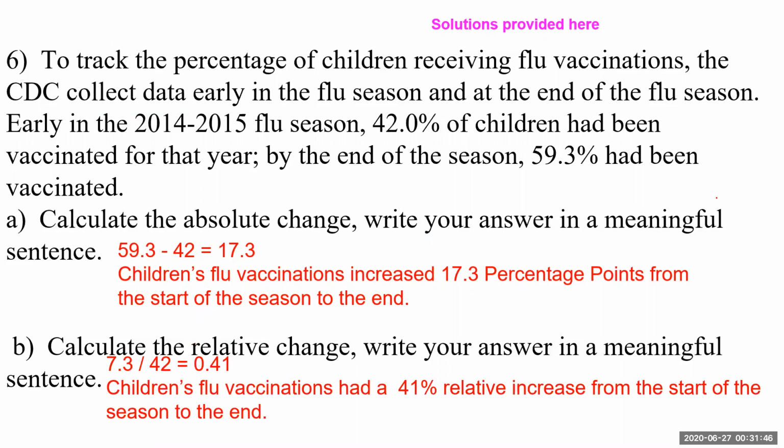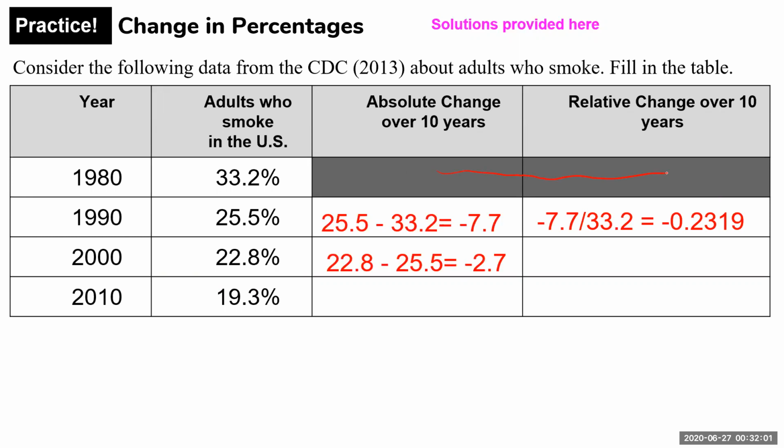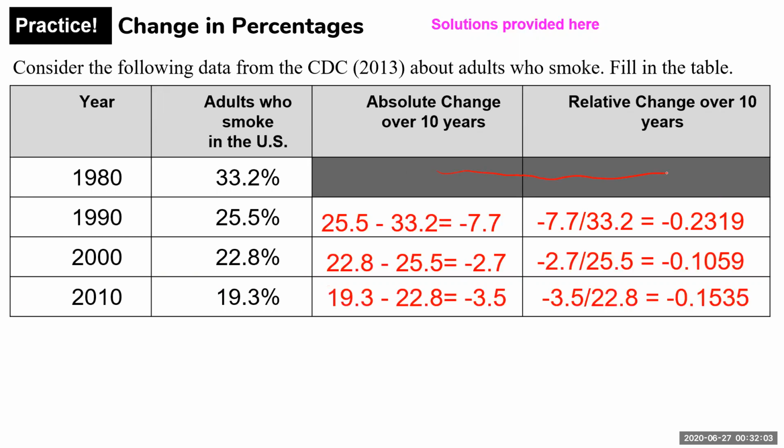And you want to put that in a meaningful sentence. That is what you do, okay? And more practice, if you wanted to do the absolute, it is the new minus the old. Okay, new minus old, okay? And you find that and find the relative changes, okay?